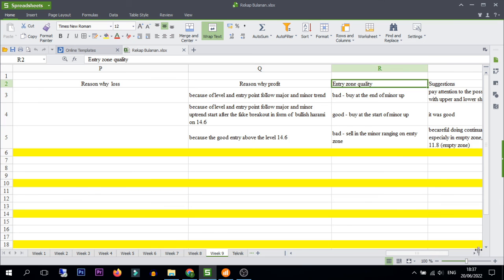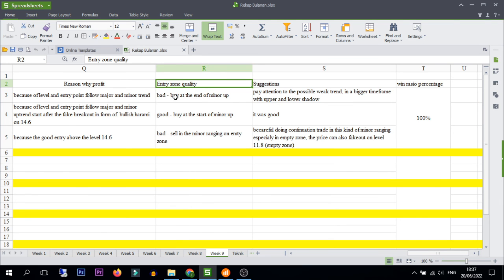Entry zone, this is the good feedback, guys, because we can choose which kind of zone is good for trade based on the candlestick pattern. So this feedback will teach us to do a good trade, but we have to move step by step to apply this kind of zone in our head, in our brain.